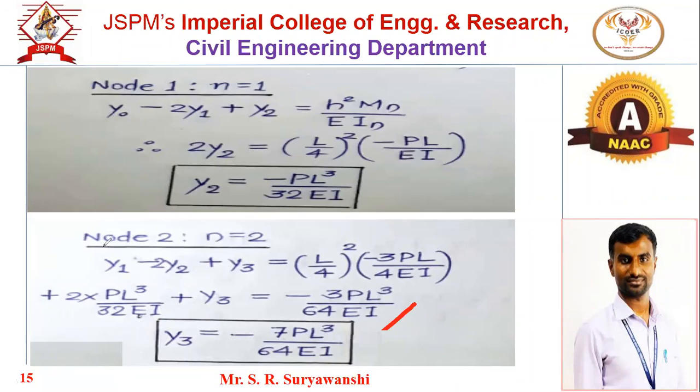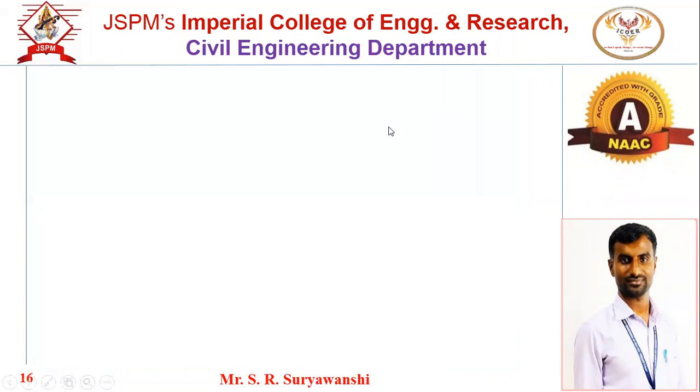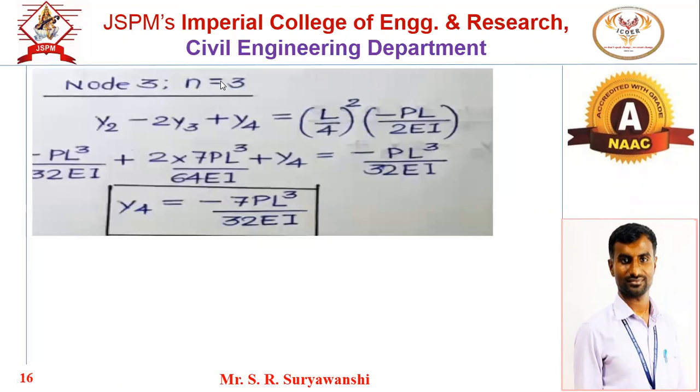Apply the equation for second node, you will get the deflection at third node. Similarly, apply this equation for third node, you will get the deflection at fourth node. Now put n is equal to 3. So what we get? y2 minus 2y3 plus y4. So y2 you have calculated, y3 value you have just calculated.